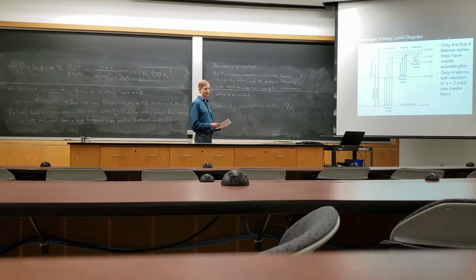So not a Roman numeral, now we're being sensible. So if I is 3, 3 electrons have already been removed, and the Roman numeral is 4.